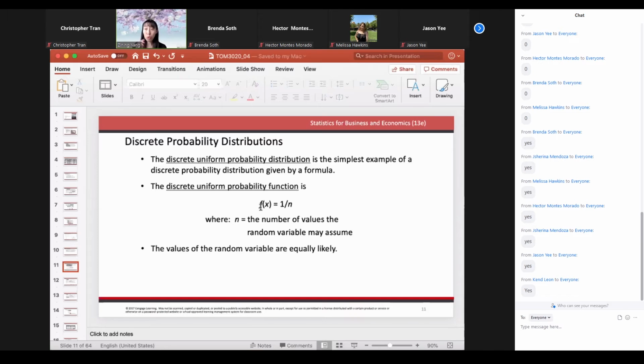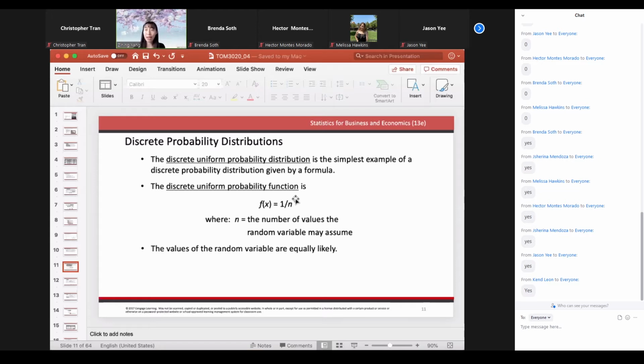So in a uniform distribution, the probability function is 1 divided by the number of outcomes. To make it simple, we don't even have 2 coins, I only have 1 coin. If I want X to show the number of heads by tossing 1 coin, there are only two outcomes. Either I get a head, so x equals 1, or I get a tail, x equals 0.